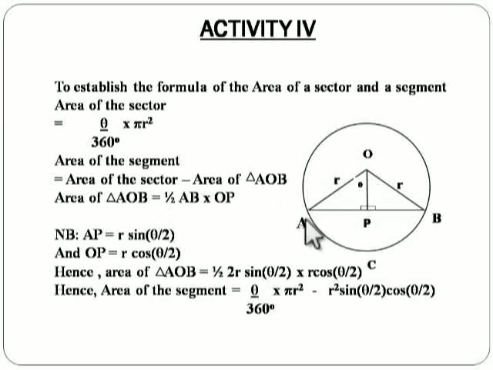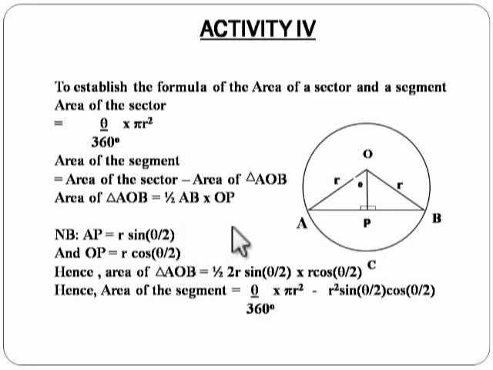Good. Now, what about if you want to find the length of AP and OP? By using trigonometry, AP will be r sine half of theta and OP will be r cos half of theta. I hope you can do that.